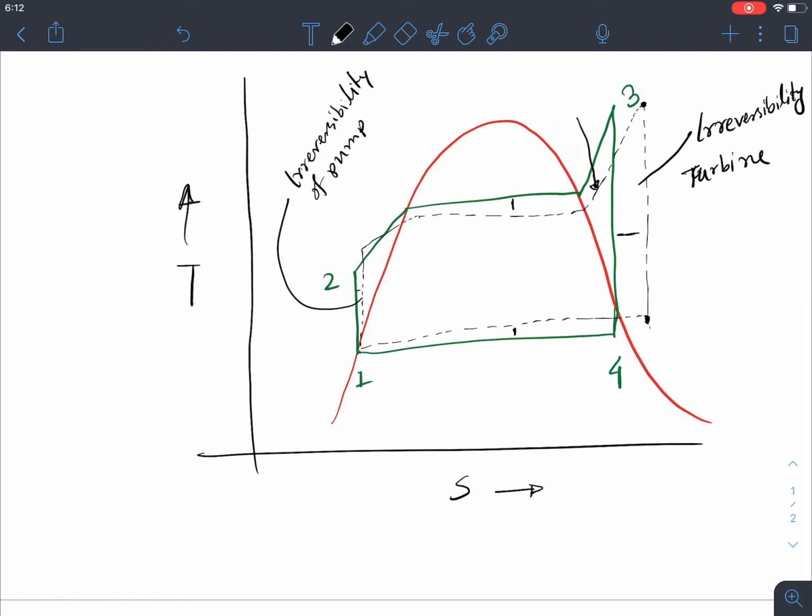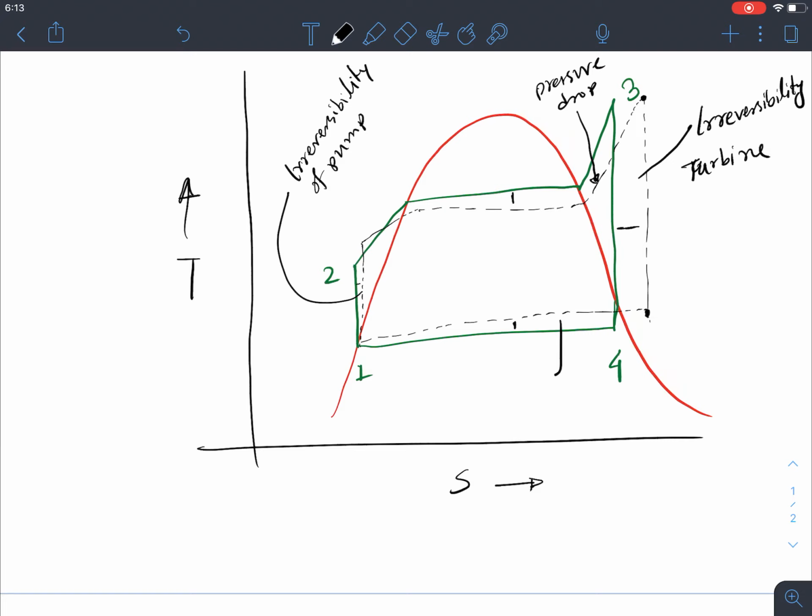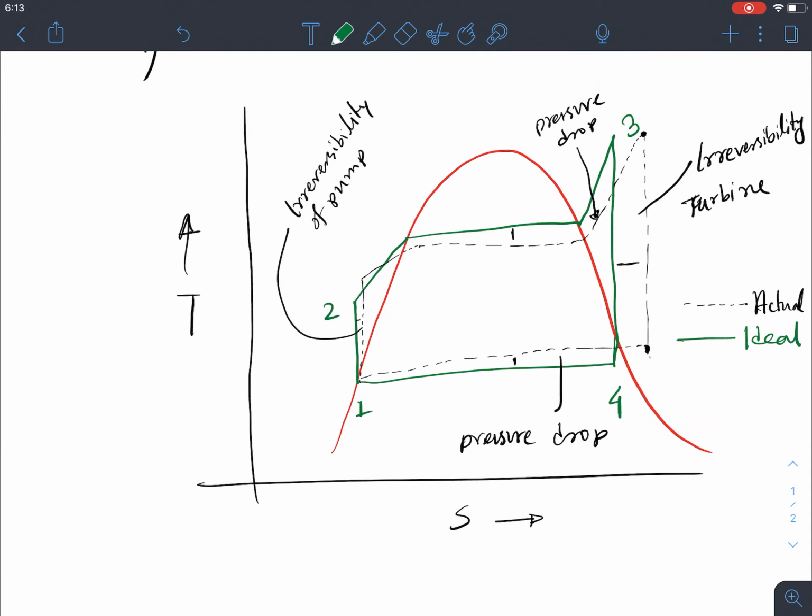Then the pressure drop in the boiler, and also the pressure drop in the condenser. This is the actual cycle, and my solid line is the ideal. That's the deviation between the actual cycle and the ideal cycle.